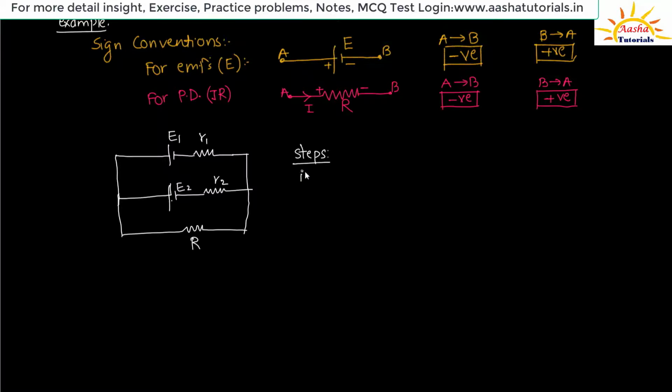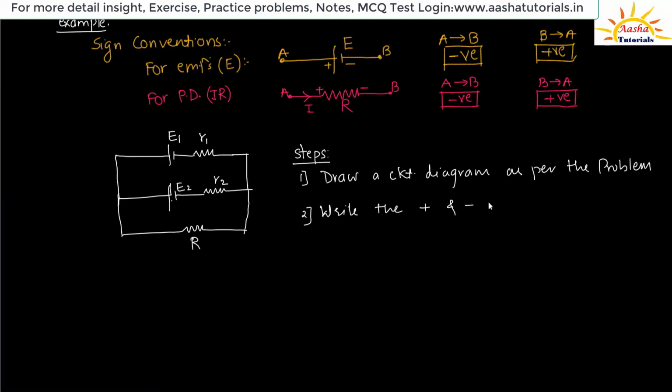The very first step is to draw a clear circuit diagram as per the given problem. Then the second important thing is to write plus and minus signs on cells and resistances by showing the direction of current. So let's do that here.